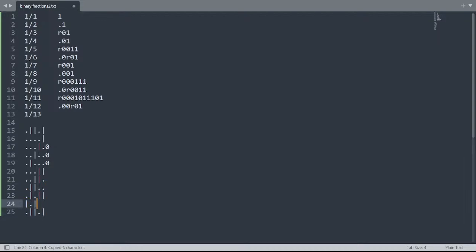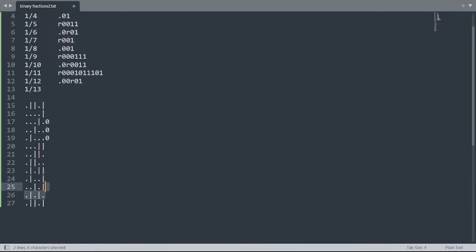Shift, borrow, get rid of, borrow. Borrow, borrow. Did I do that wrong? Oh yes, I did it wrong. We need to borrow here as well. We keep going. We don't roll over yet.